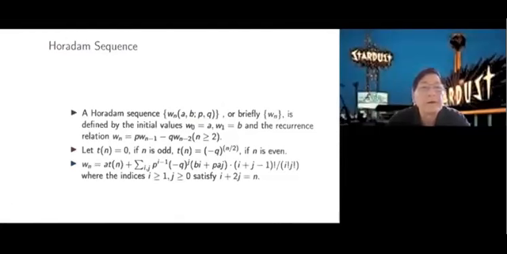T(n) is a function which equals 0 if n is odd, and T(n) equals minus q to the power of n over 2 if n is even. Please note that in this formula, the index i starts from 1, and index j starts from 0.